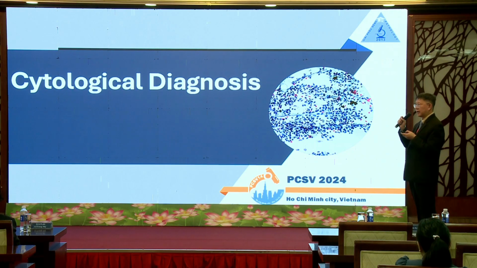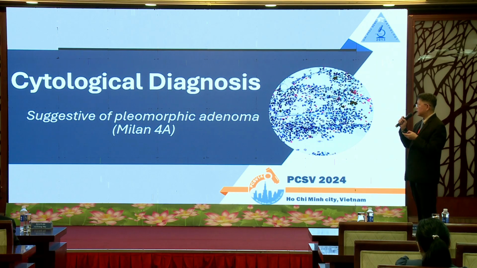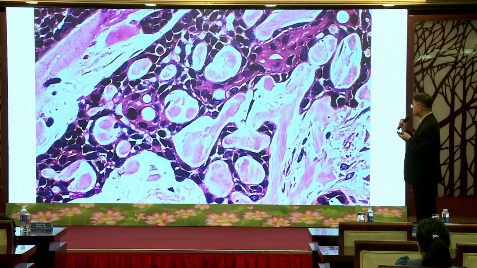At the first diagnosis, I didn't see any myxoid matrix in this case, but with the morphology, I suggested pleomorphic adenoma, because the tumor morphology looked very similar to myoepithelial cells.